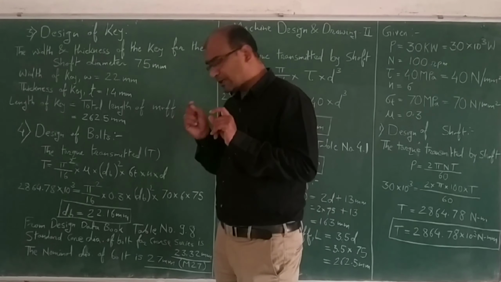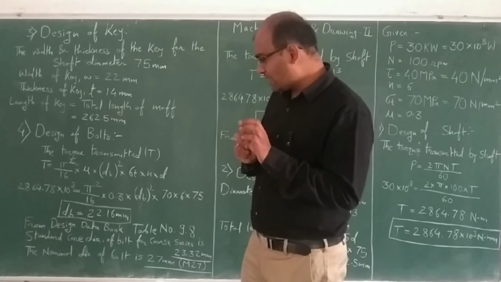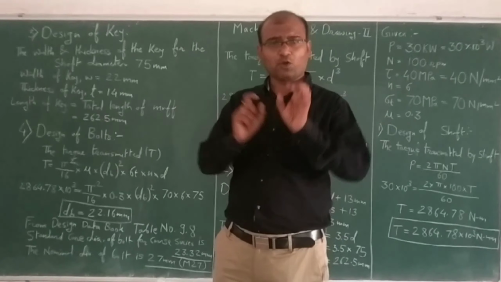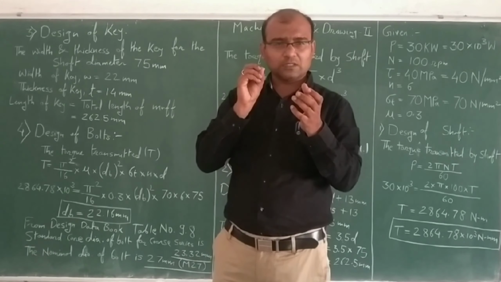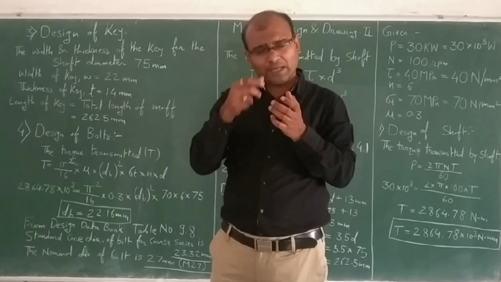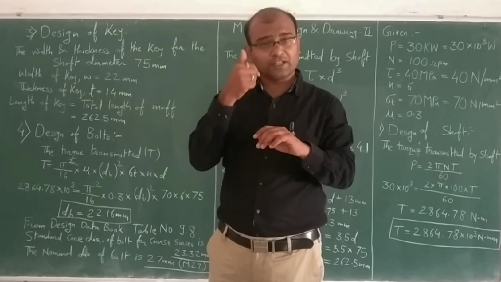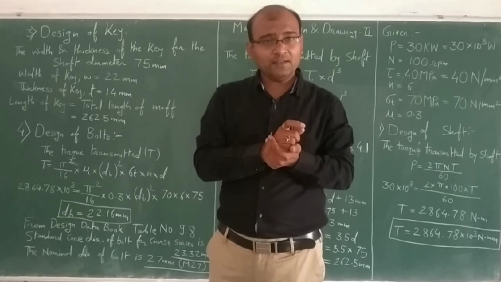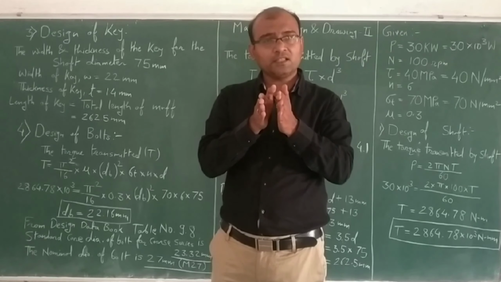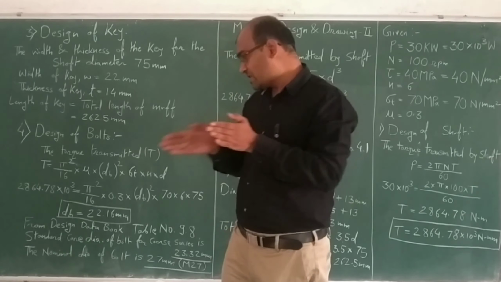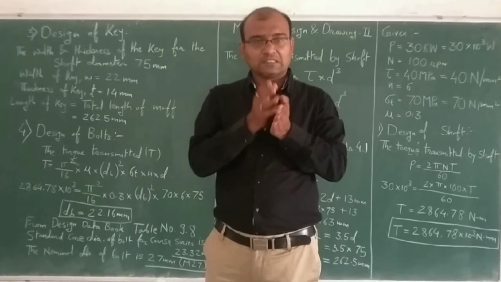You know the core diameter as well as the nominal diameter, because at the time of bolt you can use the nut also, or you can use some threading portion also. So that's why they are using the nominal diameter as well as the standard core diameter.